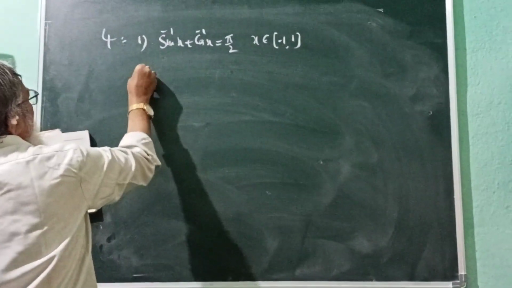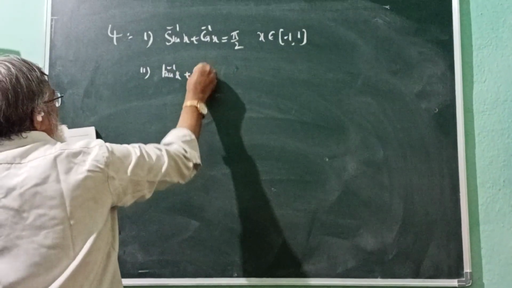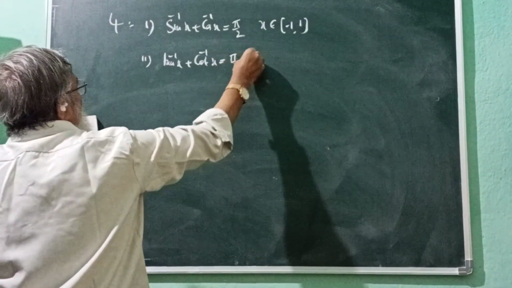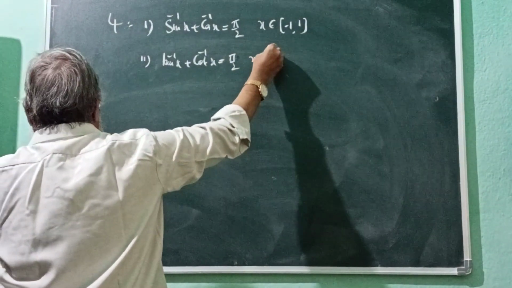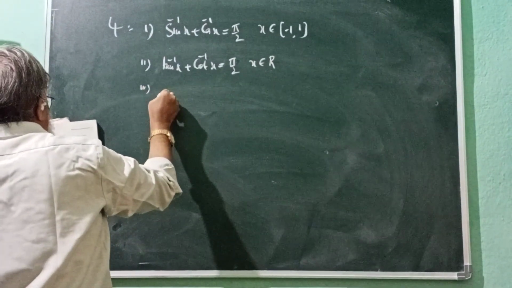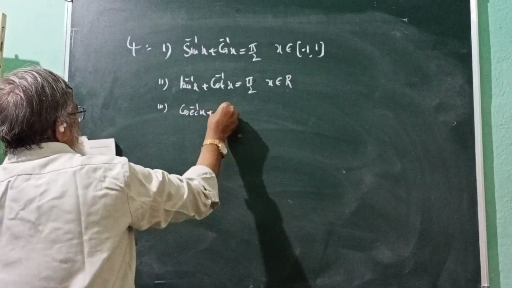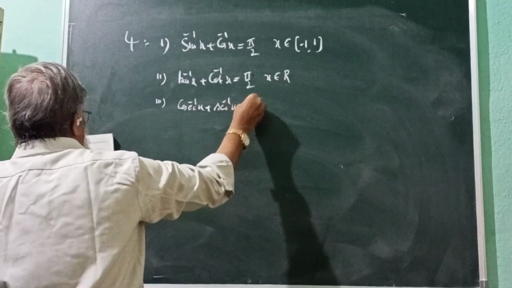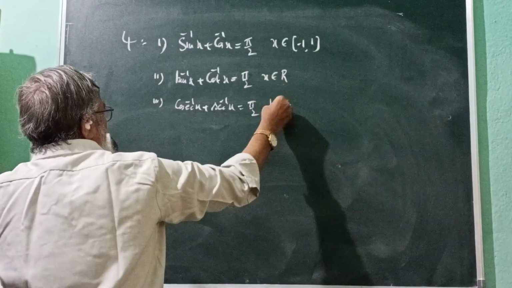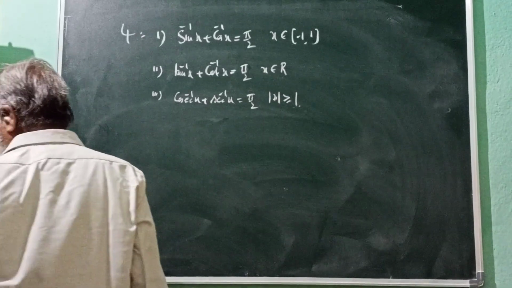Second, tan inverse x plus cot inverse x is equal to pi by 2, where x belongs to R. Third one is cosec inverse x plus sec inverse x is equal to pi by 2, where mod of x is greater than or equal to 1. So we have to prove it.